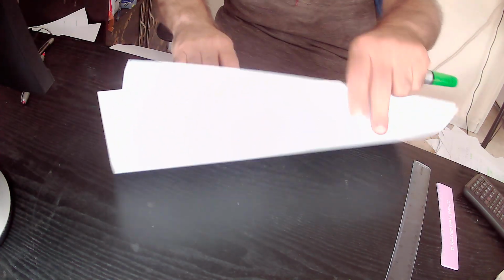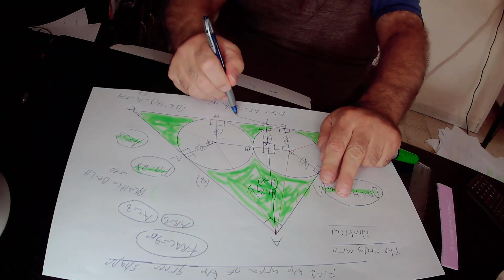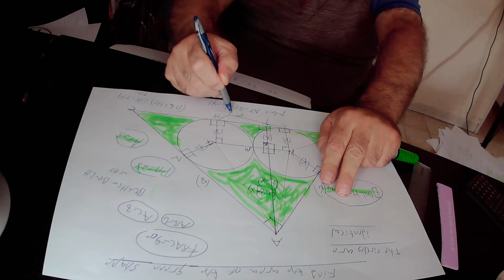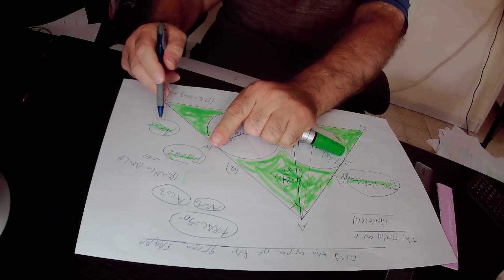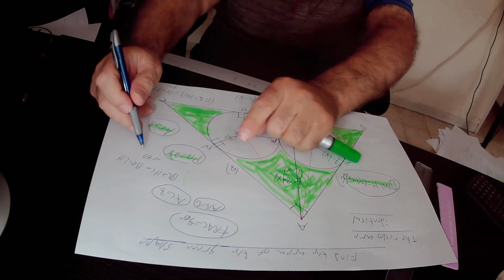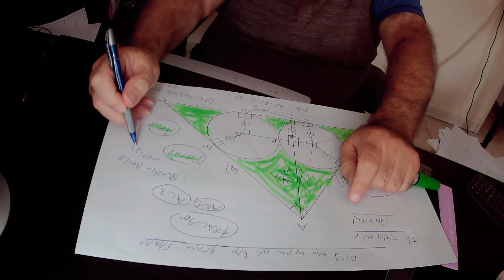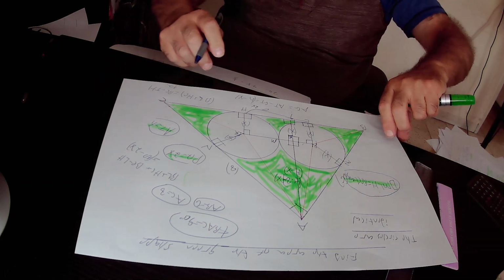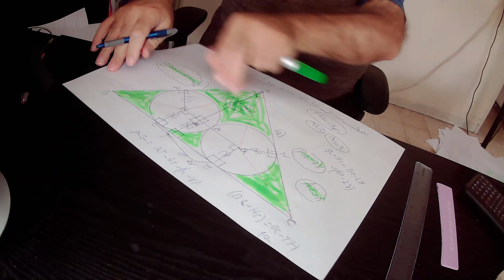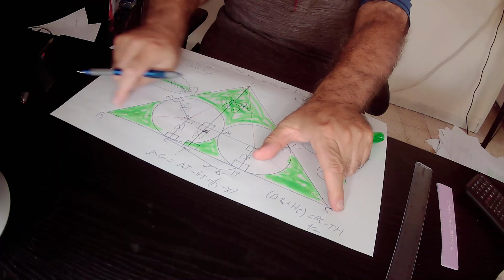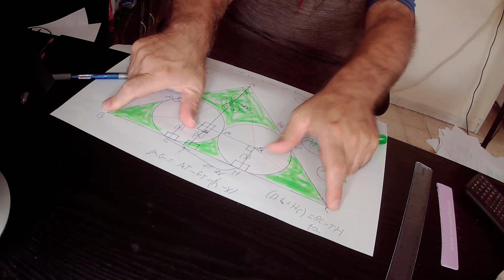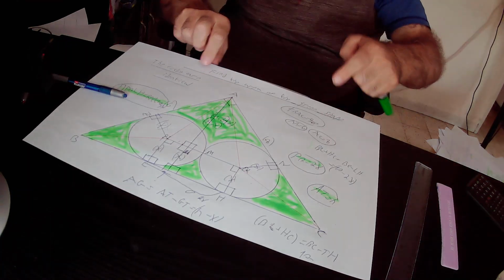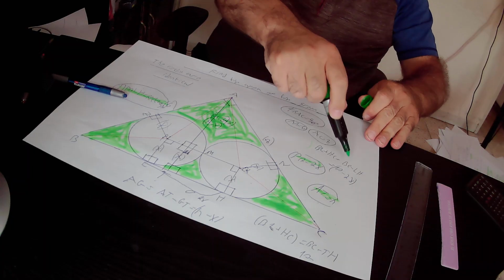So total, BL plus HC equals BC, that is 10, minus LH, that is 2x. So BL plus HC equals 10 minus 2x.